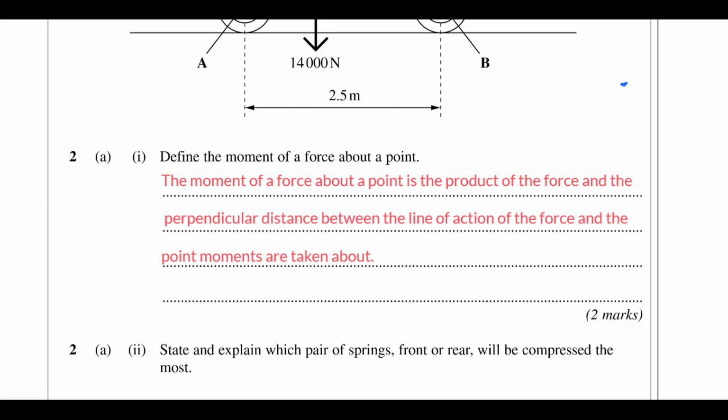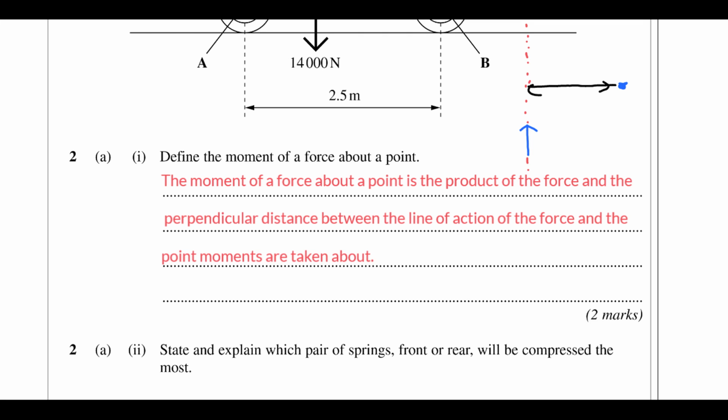So say we're taking the moments, I'm going to draw this up on the top right, taking moments about this point here, and we've got a force here. A line of action is essentially just a line extending your force arrow, so it's parallel and exactly in line with your force, so it's like that. So then your point is here, so your perpendicular distance is that one.